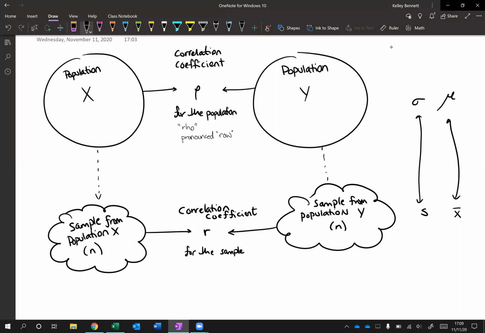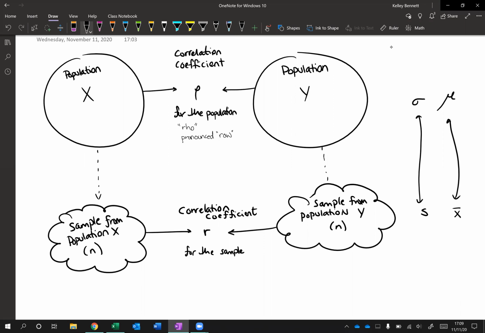The way we're going to work the hypothesis test for a correlation coefficient is we're always going to assume that rho is 0. We're always going to assume that the population correlation, well, that there is none.